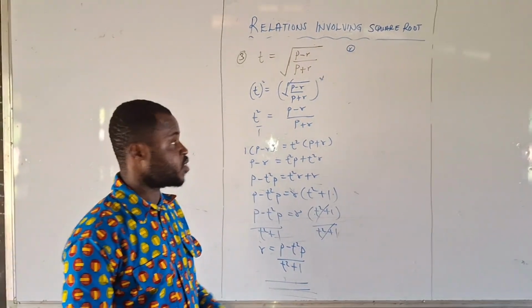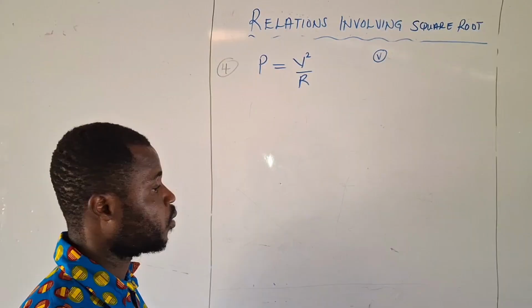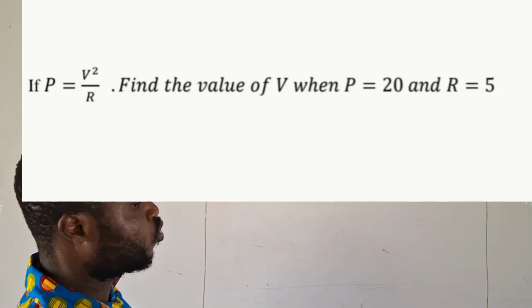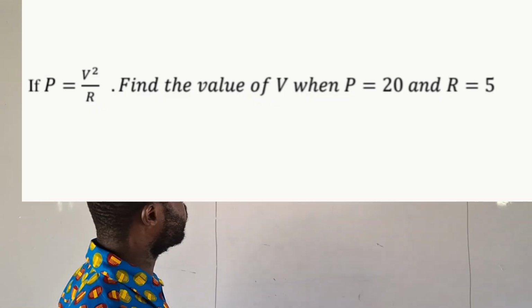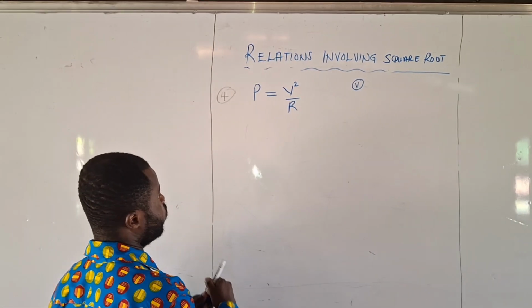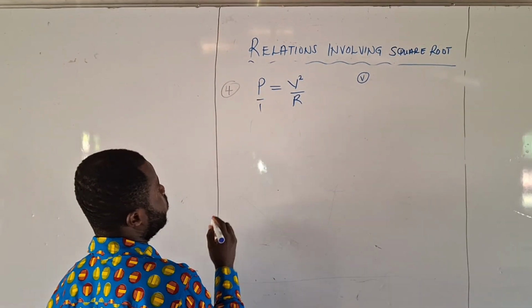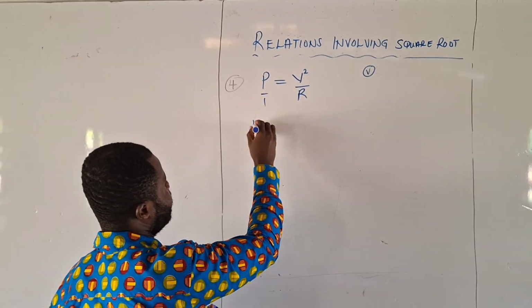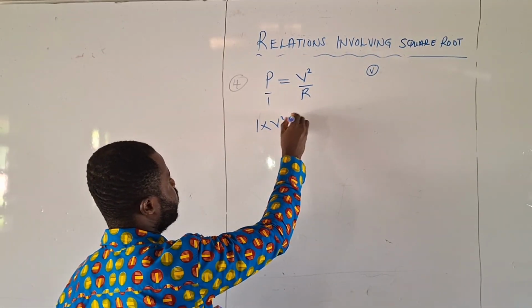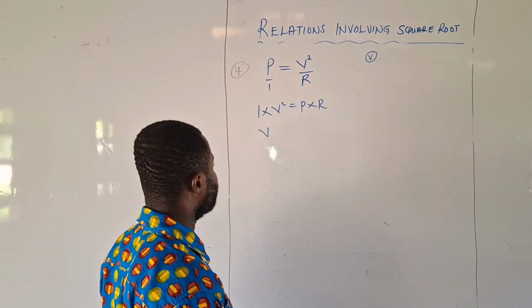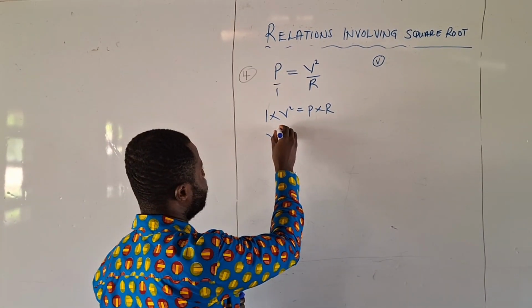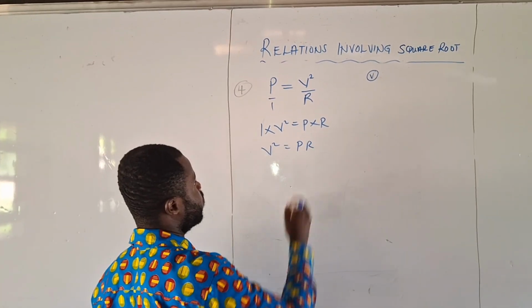Let's take another question under this relation. So this one we have to make V the subject. So simply we have to cross multiply. So 1 times V squared is equal to P times R. So now we have V squared is equal to PR.